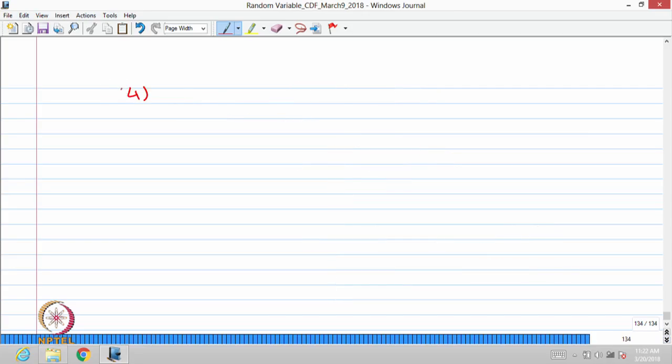Similarly, you can go for finding the probability density function of y. That is nothing but the integration of the joint probability density function with respect to x. So here the joint probability density function is greater than 0 when x lies between 0 to 1.